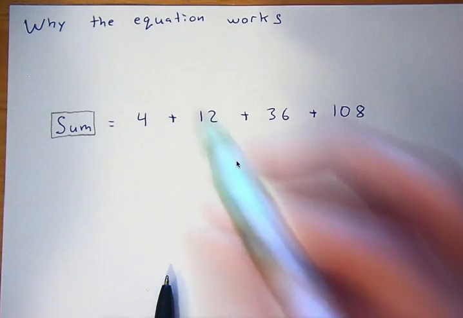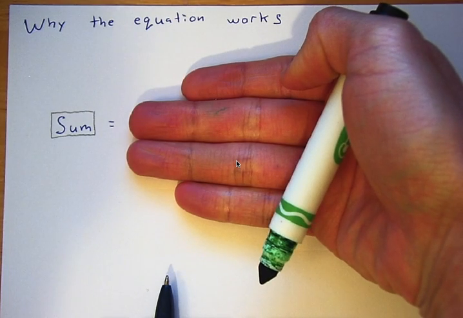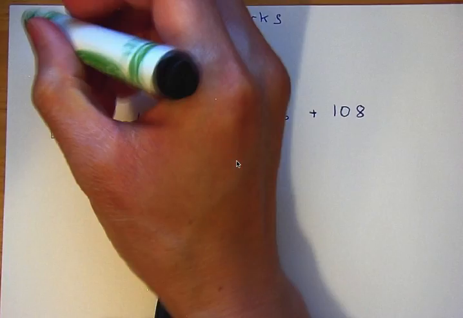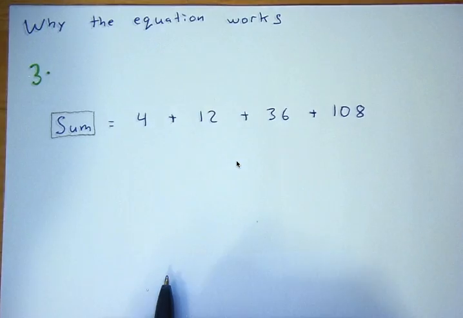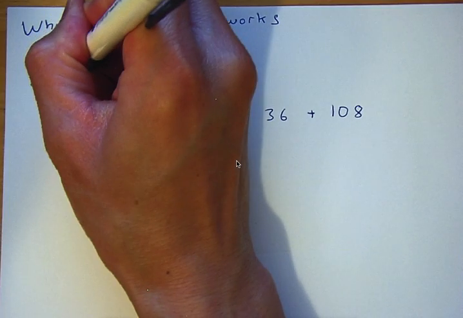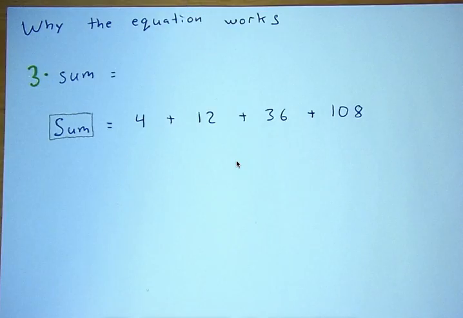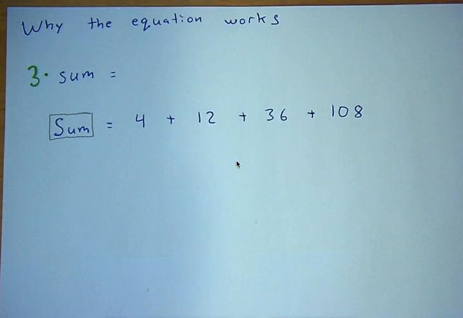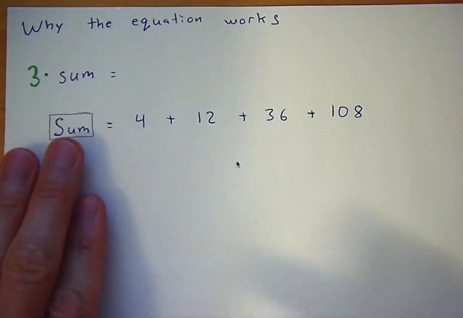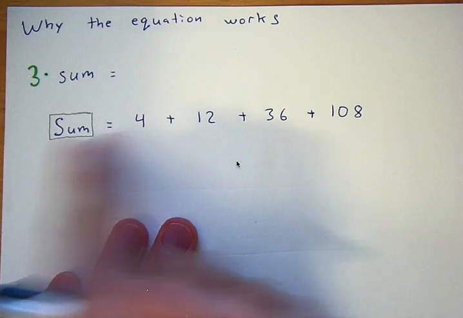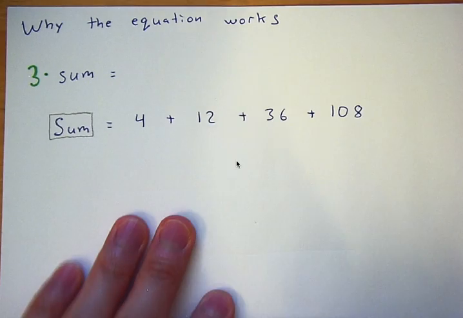I'm going to do this side times 3. The word sum times 3 is just equal to 3 times sum. And since I multiplied this side by 3, if I multiply this side by 3, then the two sides should be equal.